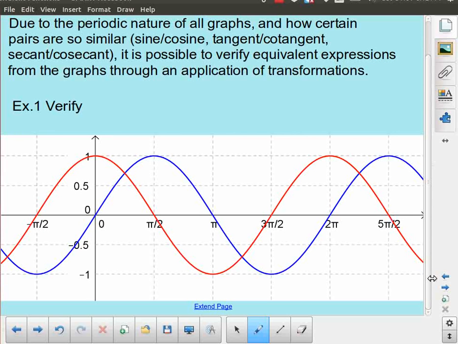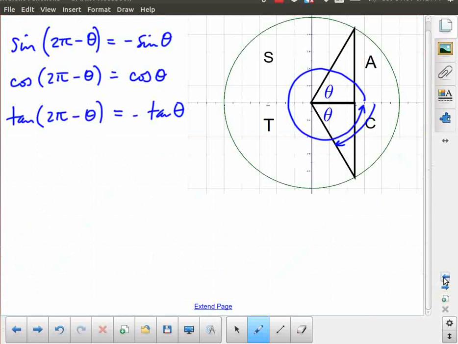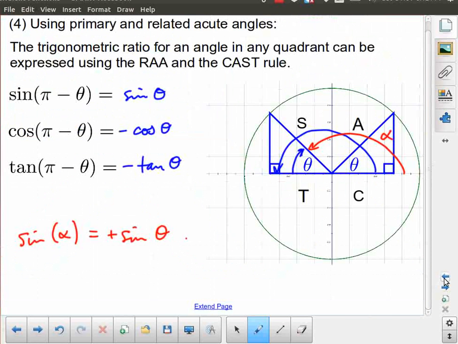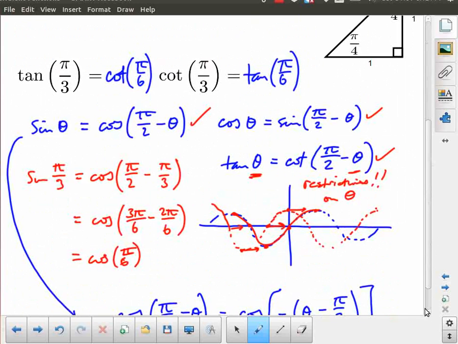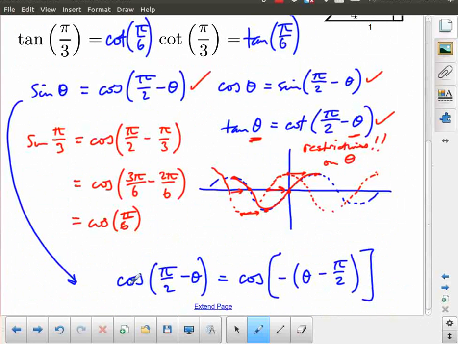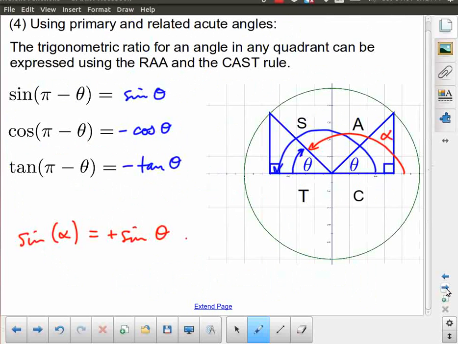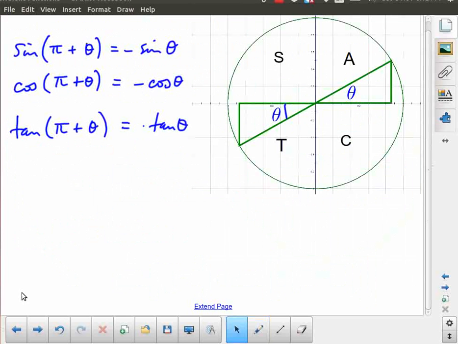So I already did this as an example. I showed you this earlier, to show you that sine theta equals cosine of pi over 2 minus theta. I showed you that very roughly using transformations, and we could do that with any transformations that we wanted to.